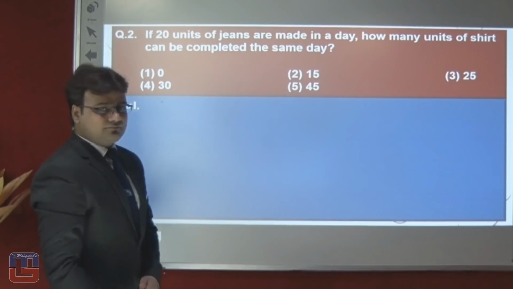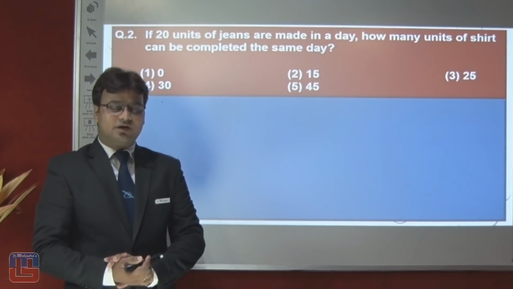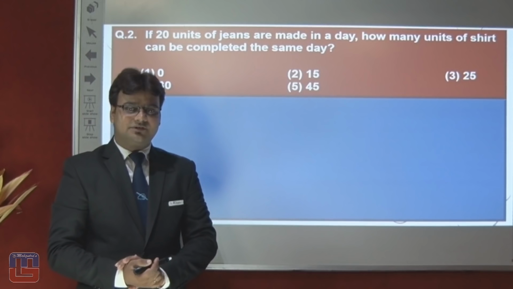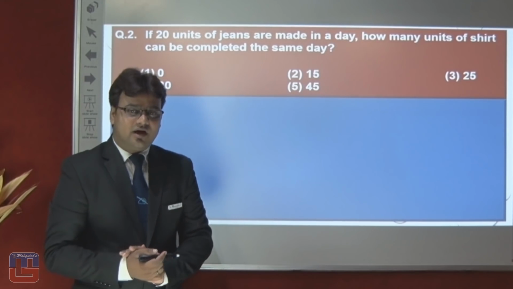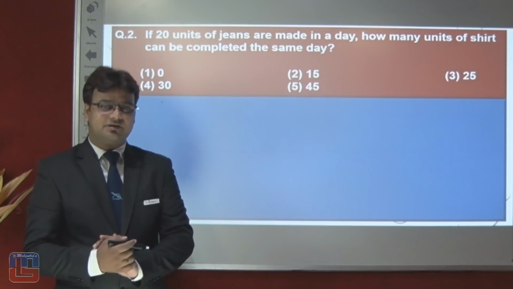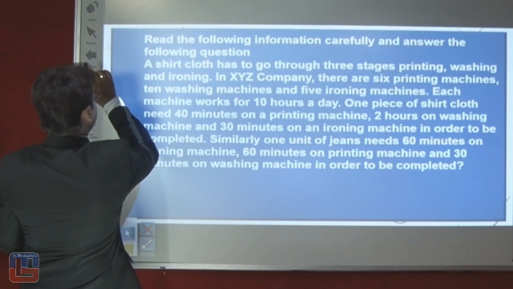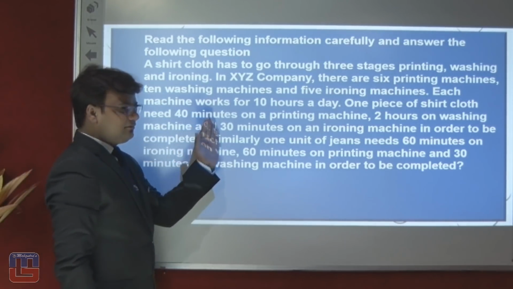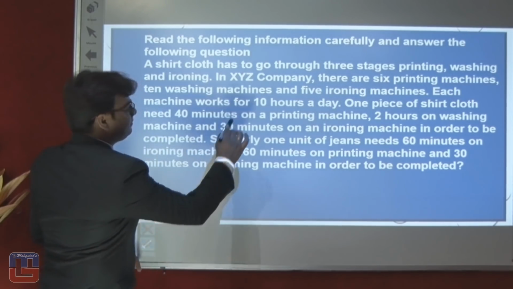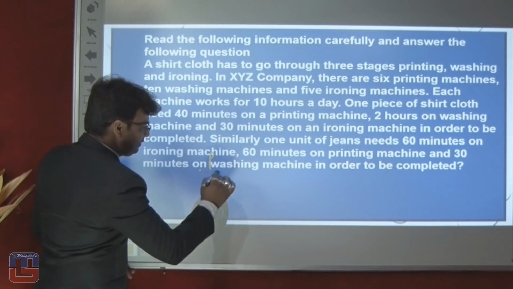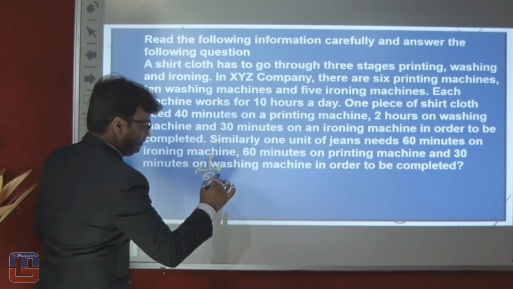Second question: if 20 units of jeans are made in a day, how many units of shirts can be completed the same day? Same process. First we see what data is there. Total 6 printing machines, 6 into 10, that means 60 hours.